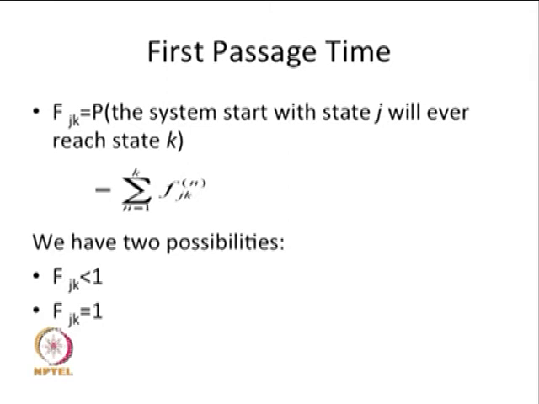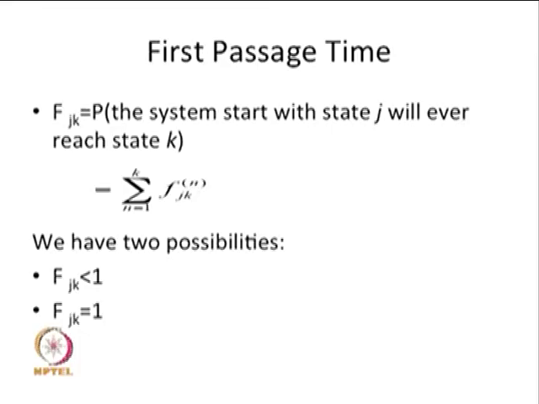Now, we have two cases. One is when f j k is less than 1. The other case of interest is when f j k is equal to 1. That means, with probability 1 you will ever visit the state k by starting from the state j, or whether this probability is going to be less than 1.